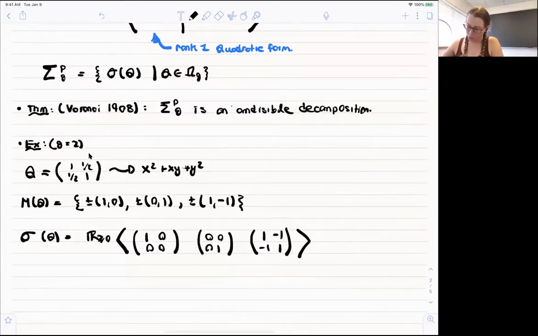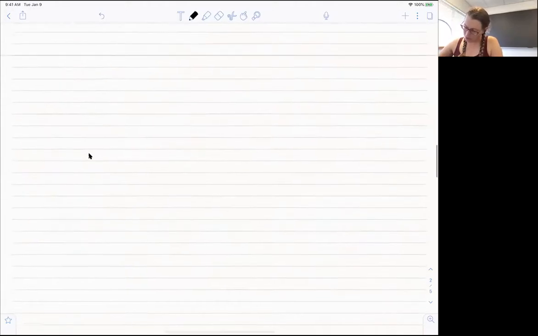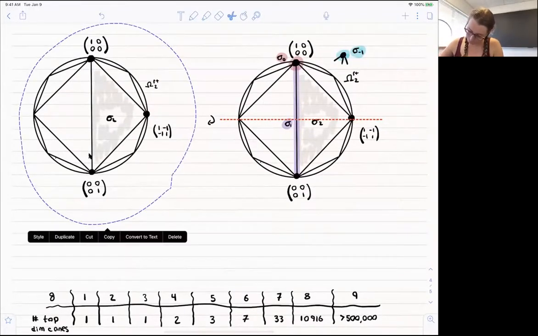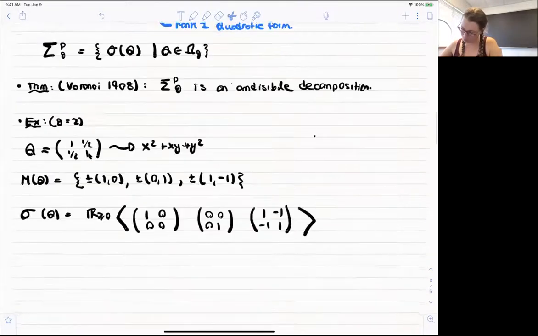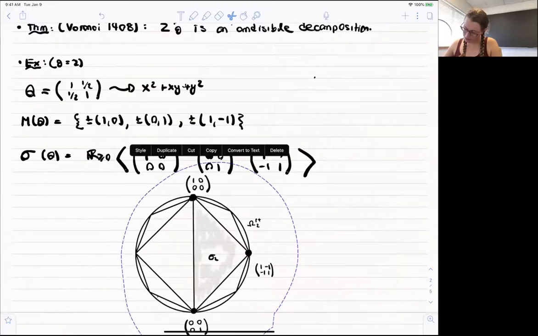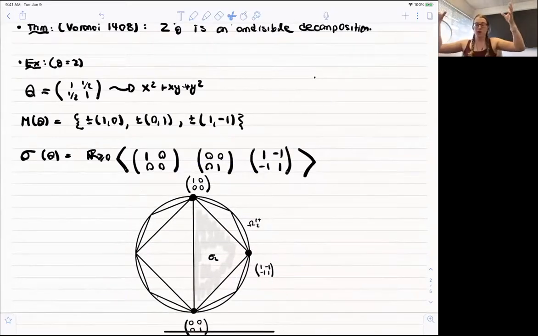So pictorially, let me show you what this looks like. Let me quickly grab my picture and scroll back up. So I said we're looking at a cone in R^3, so omega 2 RT lives in R^3, and so to draw the cone, I'm going to take a hyperplane section of this cone and just look at the picture of the hyperplane section, and that's what I'm looking at here.